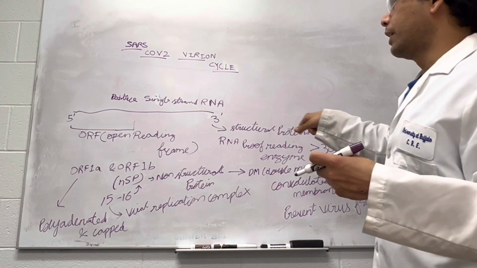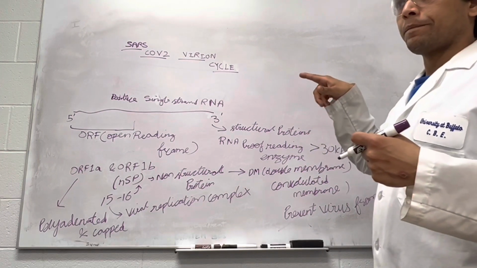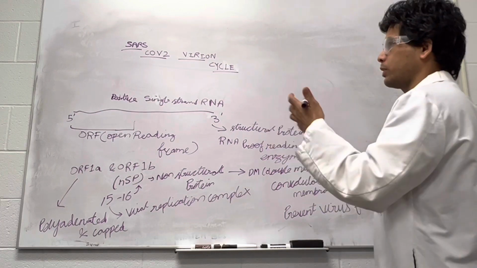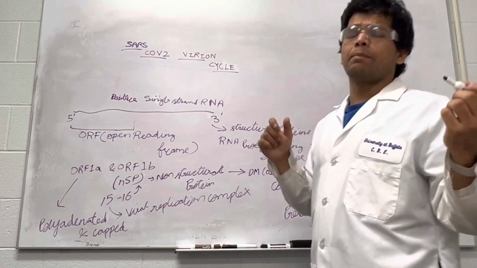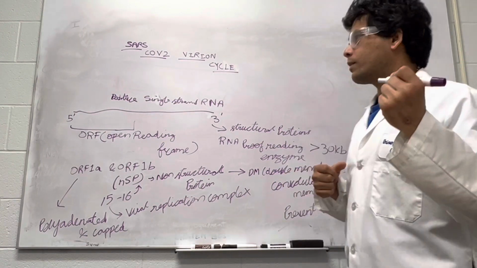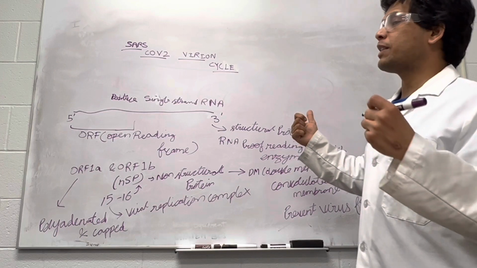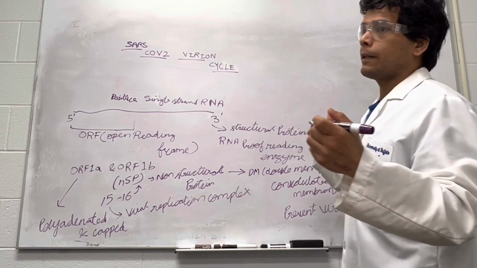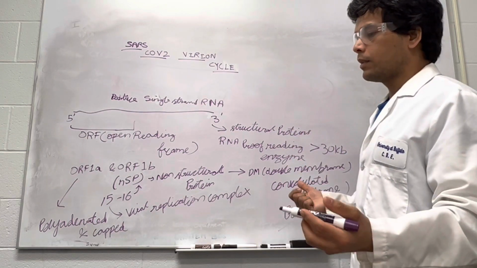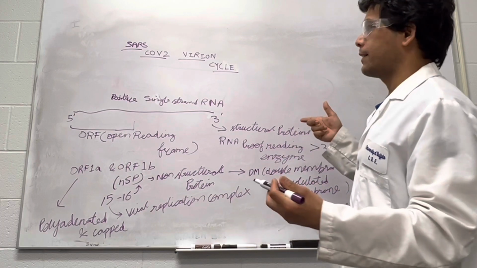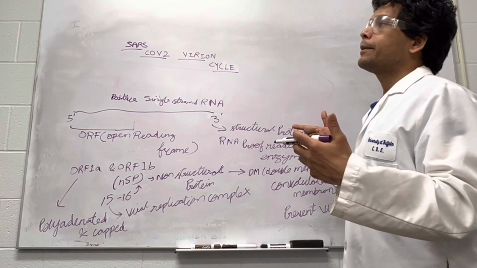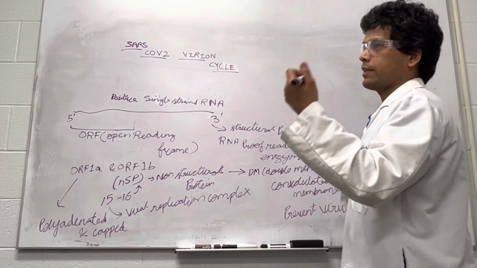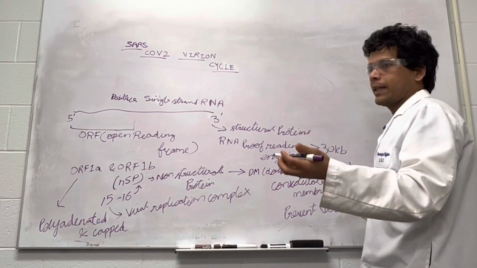So when the nucleocapsid RNA interacts in the Golgi, the budding process occurs, forming a vesicle. Now the SARS-CoV-2 virus is ready to be released into the extracellular matrix to infect other cells.